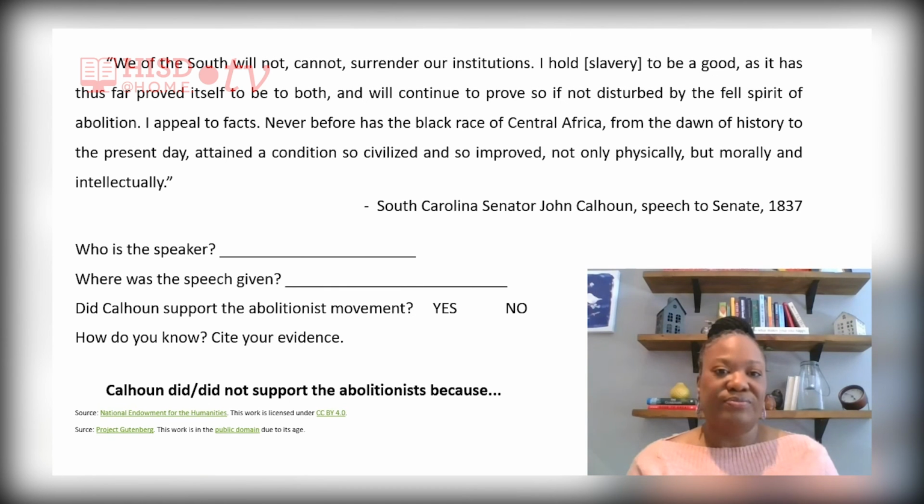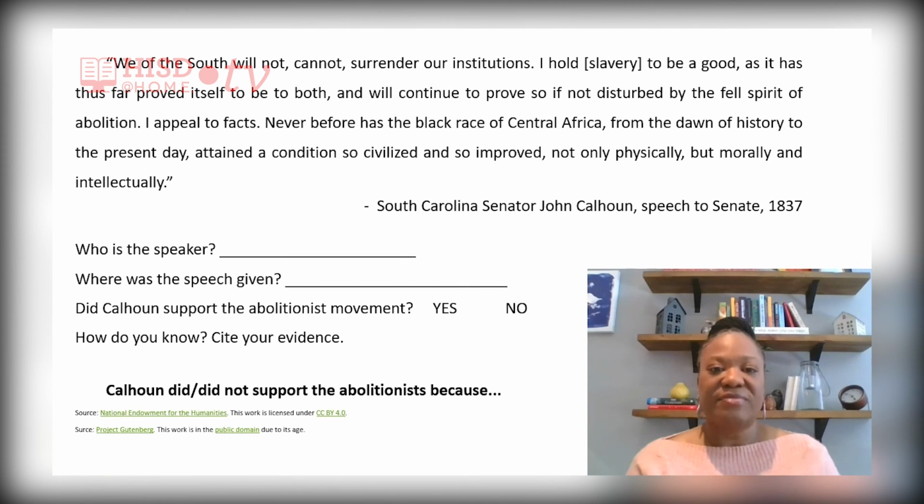John Calhoun says, "We of the South will not, cannot surrender our institutions. I hold slavery to be a good, as it has thus far proved itself to be both and will continue to prove so if not disturbed by the full spirit of abolition. I appeal to facts.